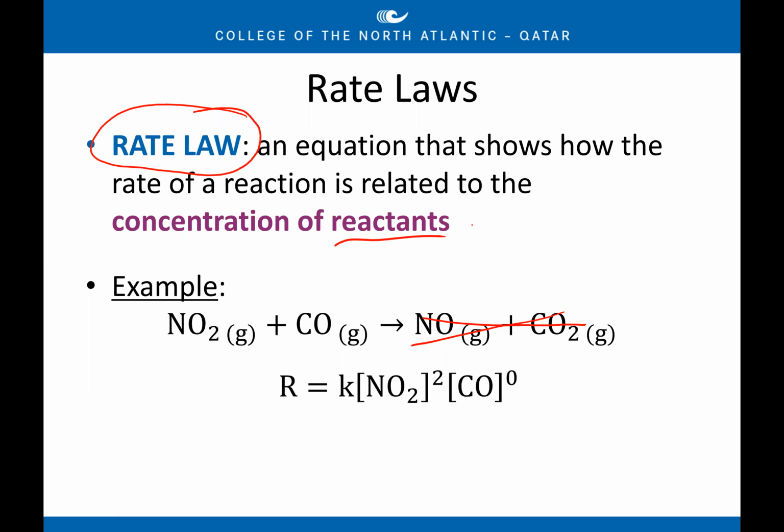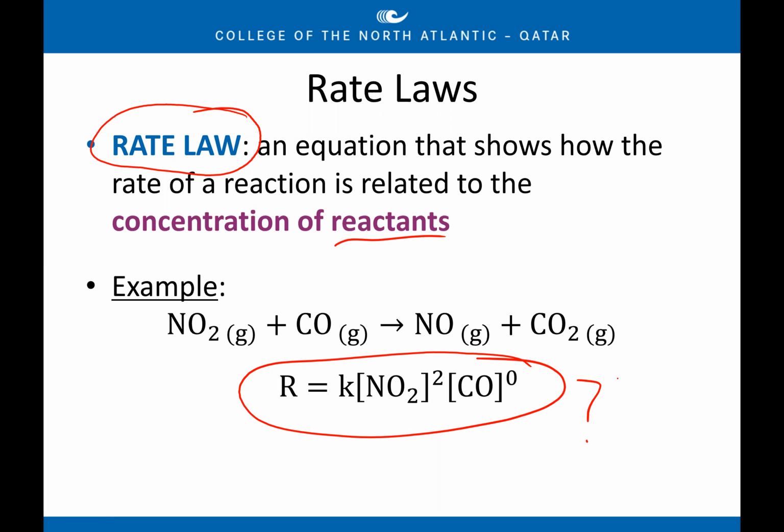Okay, we're going to do something a little later in this chapter called equilibrium constant, and that's completely different. So a rate law is about the speed of a reaction going forward, and we only care about the concentration of reactants. So this is my rate law for this equation.